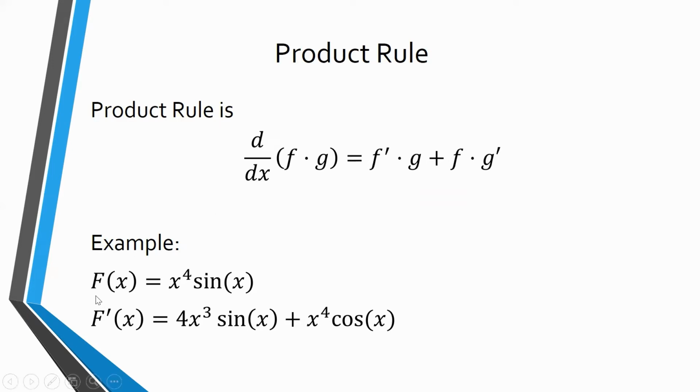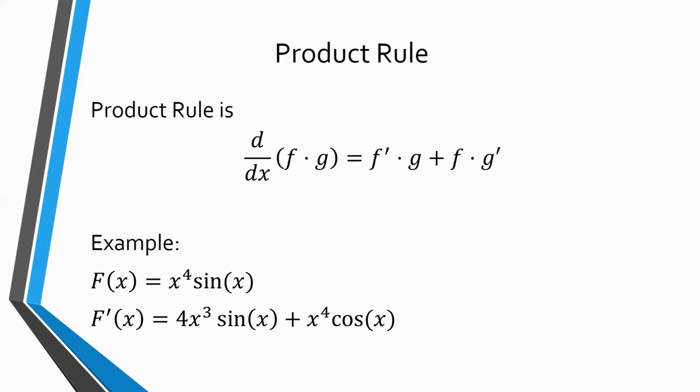If we have capital F of x equals x to the fourth times sine x, when we use the product rule, what we did is we took the derivative of x to the fourth, that is 4x to the third, we multiplied that times the normal sine of x, and then we added normal x to the fourth multiplied times the derivative of sine.